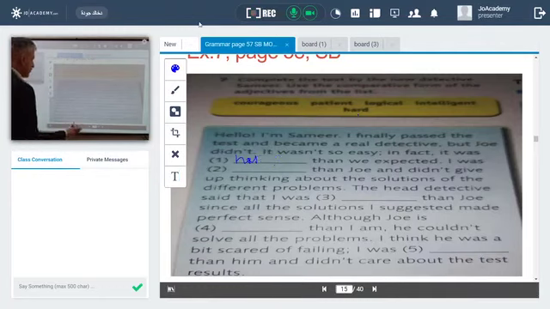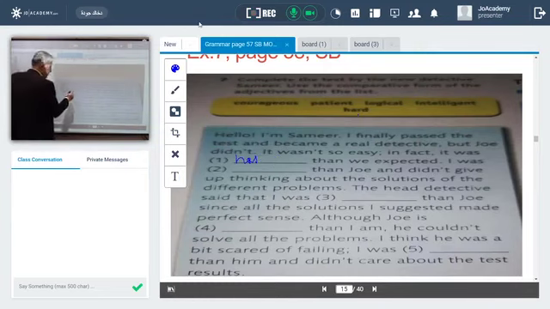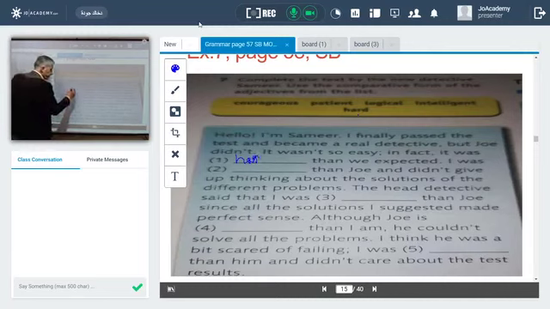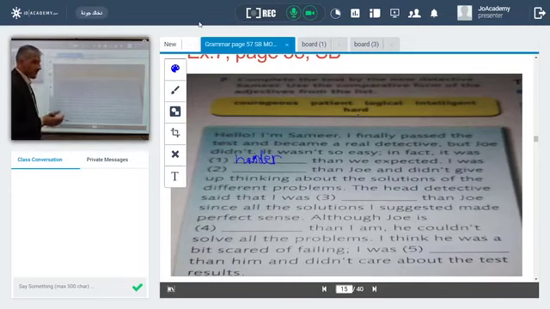So we were talking about hard. It wasn't so easy. In fact, it was harder than we expected. Harder means أصعب.